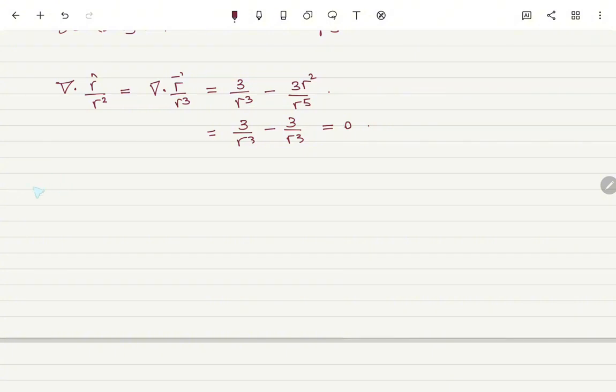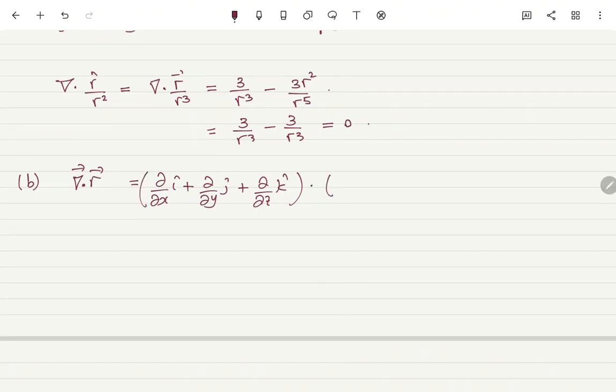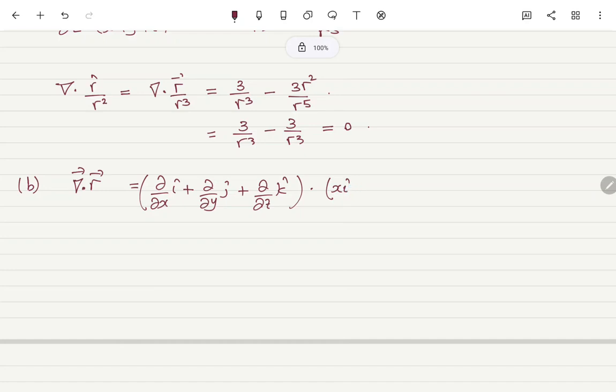Now let's find the divergence of r. Let's follow the same procedure. Partial x i hat plus partial y j hat plus partial z k hat dot the position vector r, which is x i hat, y j hat, z k hat.